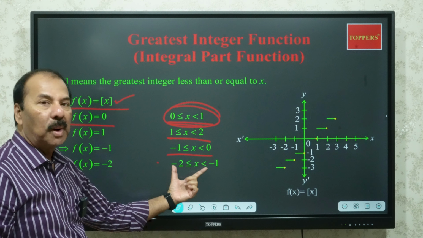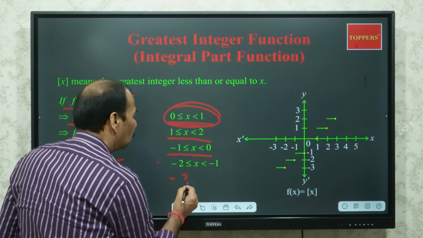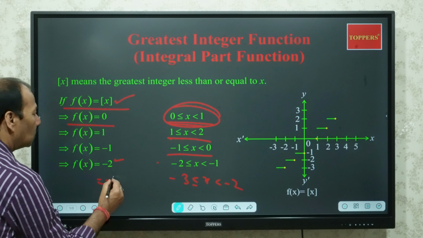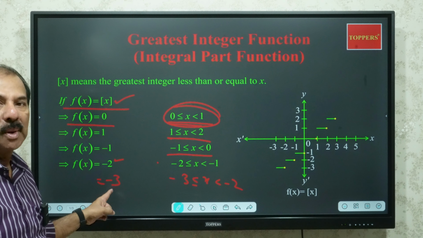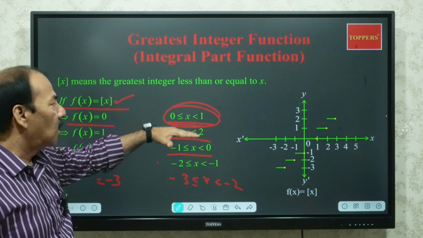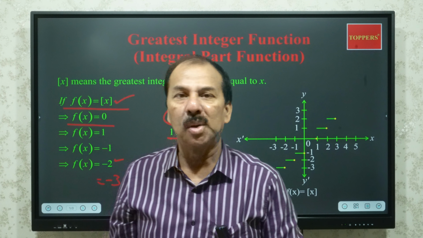Similarly, between minus 2 and minus 1 we get minus 2. If minus 3 is less than or equal to x, and x is less than minus 2, you get minus 3, and so on. That way we can calculate the value of f of x equal to integral x when x lies between two consecutive integers.